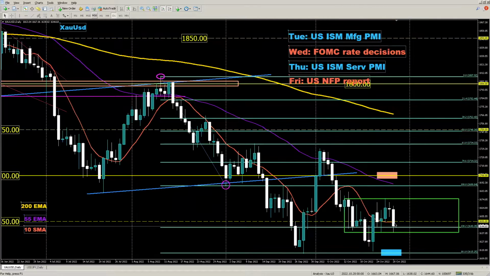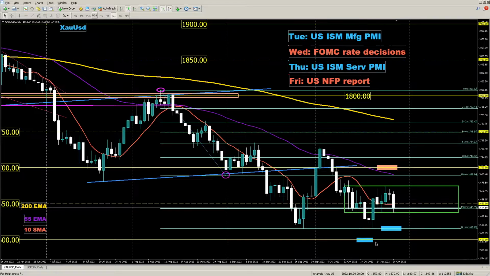And if the US dollar breaks out higher, then this is definitely exposed to the downside, with the 1600 coming into the picture below the 162 fib extension, but it could just potentially be a spike lower. We'll see if it does that.